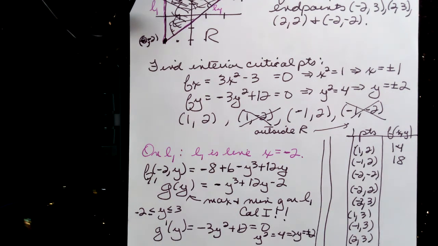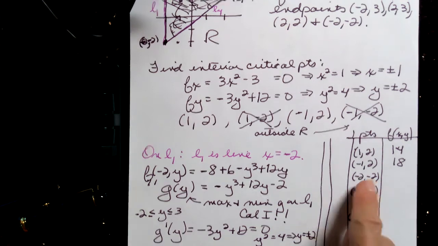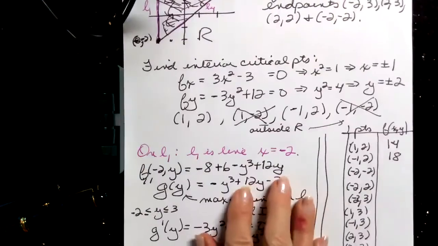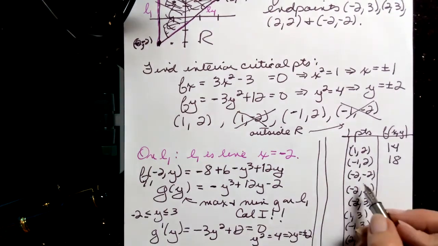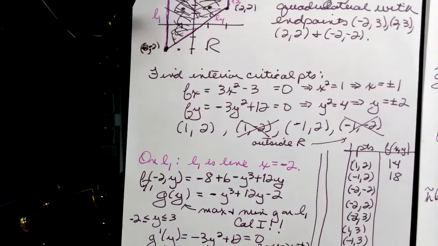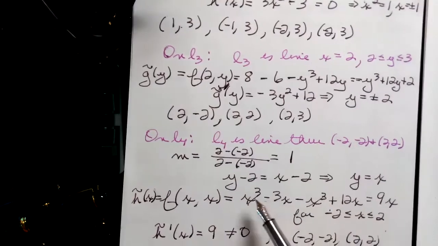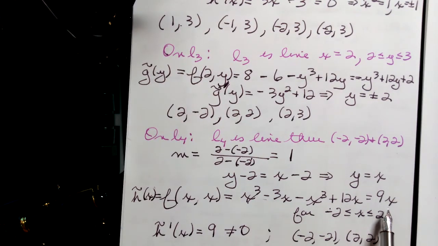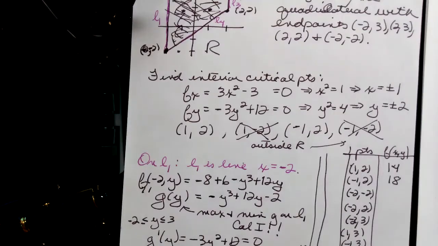Okay, so now it's just a pretty easy matter to go back and plug these values into the function. And when you do, you will get the value at minus 2, minus 2. You see, it's easy to do that when you look at that. You have on L4, when x and y are equal, the function is just 9 times, if x and y are equal, pick your favorite one, then it's 9 times the value, so that's minus 18.